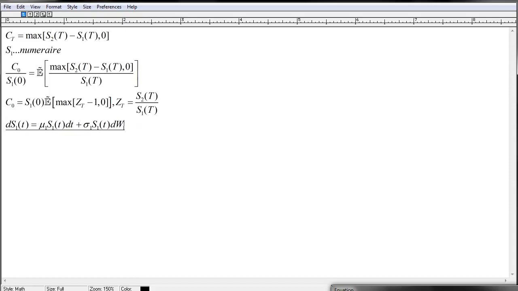Okay, so this part is, well, deterministic in some sense, and this one is random.